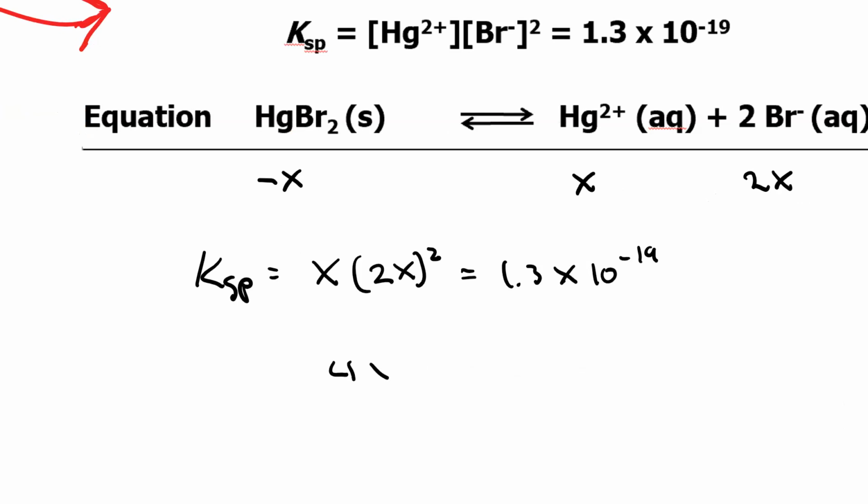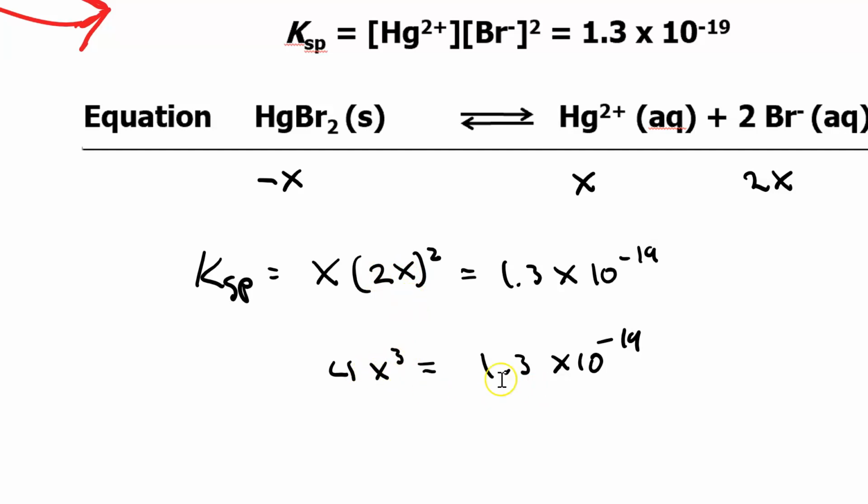So we have 4x cubed equals 1.3 times 10 to the negative 19th. Just because the whole quantity (2x) squared is 2 squared times x squared, which gives you 4x squared, and 4x squared times x is 4x cubed.